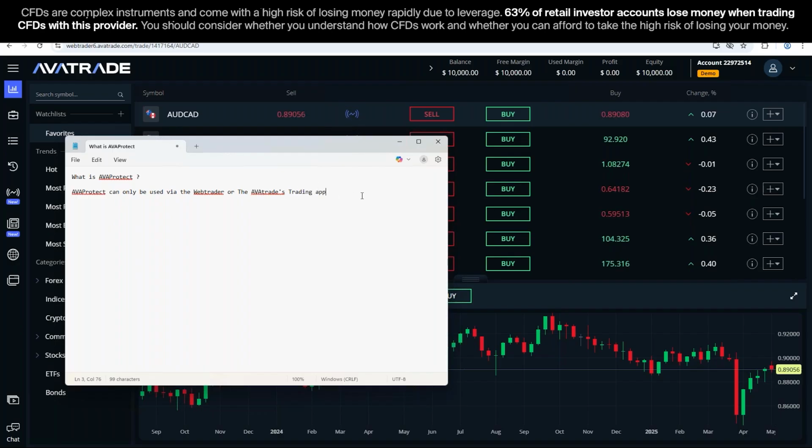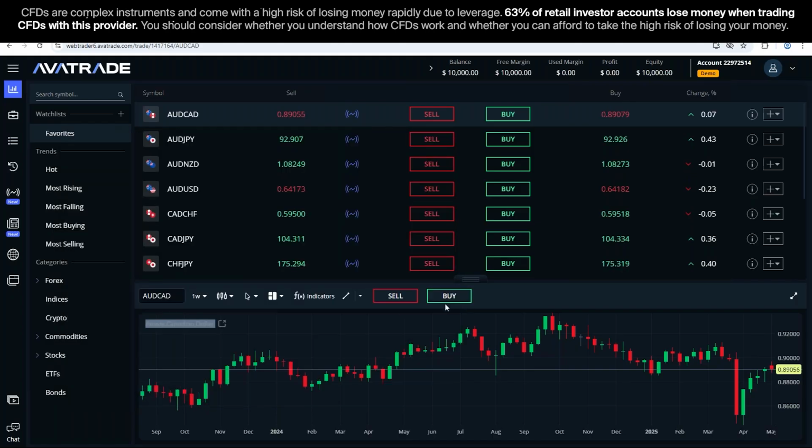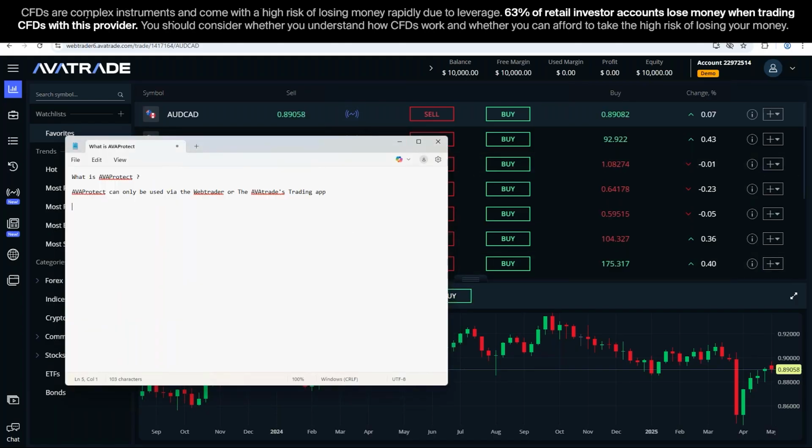You cannot use this with MT4 or MT5. You will probably notice when clicking buy or sell, you will see that there is no golden shield on those platforms. And one more thing to know, that AvaProtect can only be used for gold, silver, and Forex.